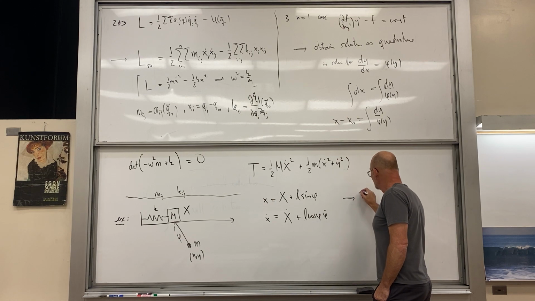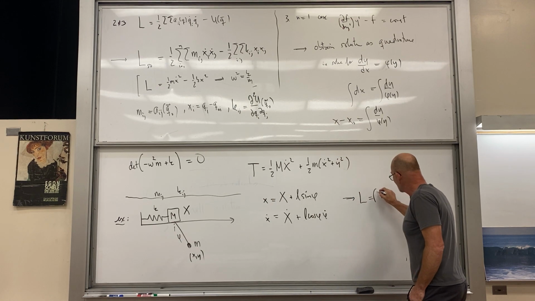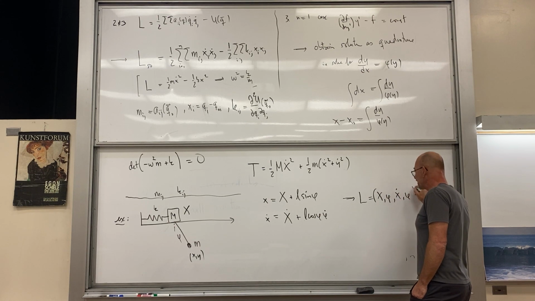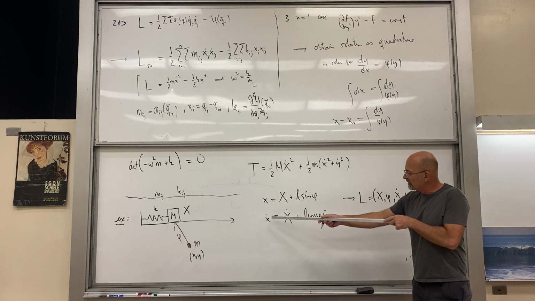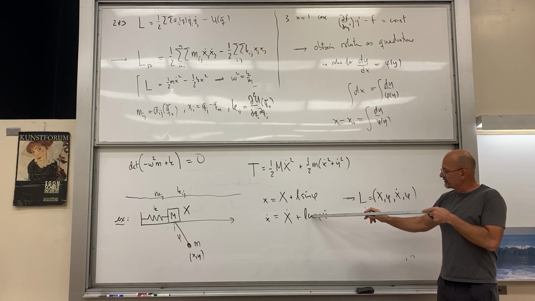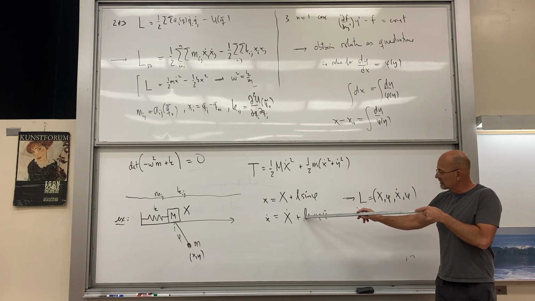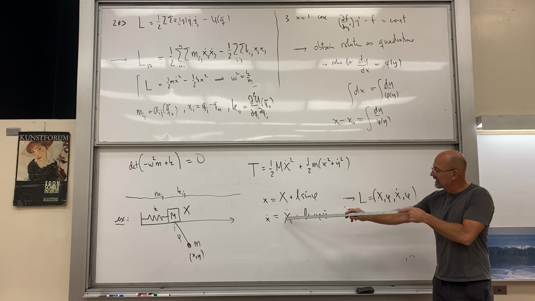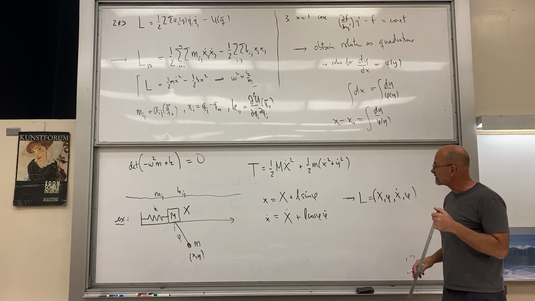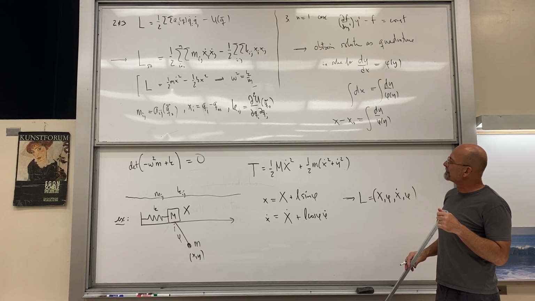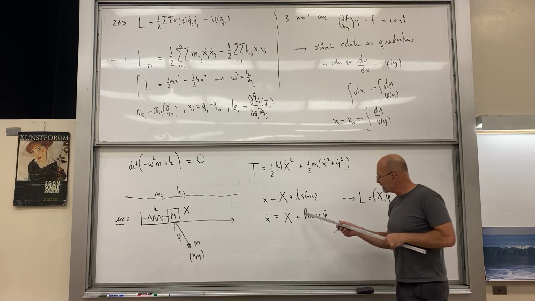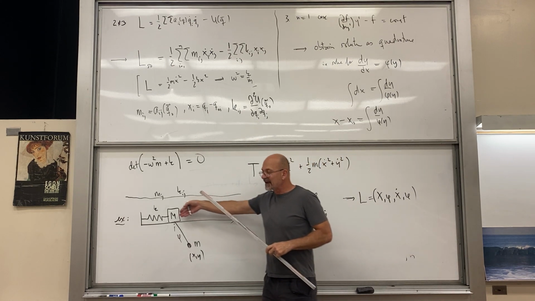L of x, phi, x dot, phi dot. So you can see when you take the square of this, you're going to get 2L cos phi capital X dot phi dot. Those are the cross terms. The evaluation at q sub 0 corresponds to phi being 0, because this thing is then hanging vertically.